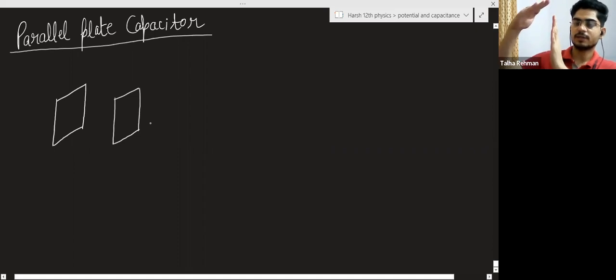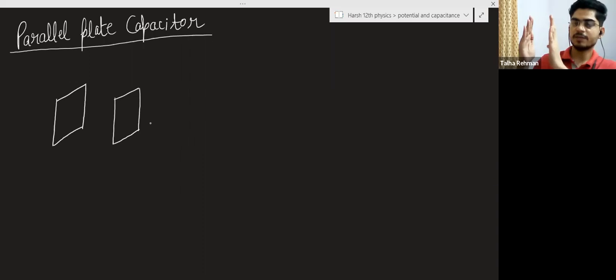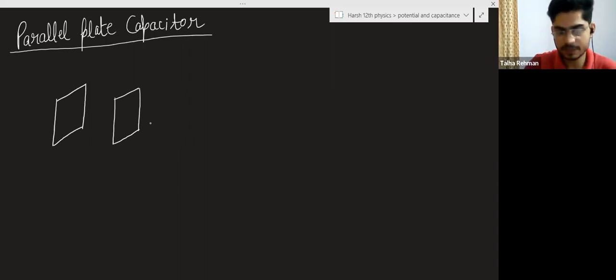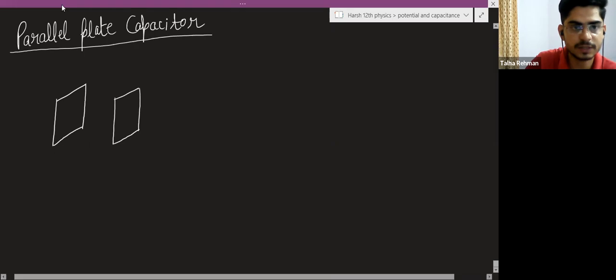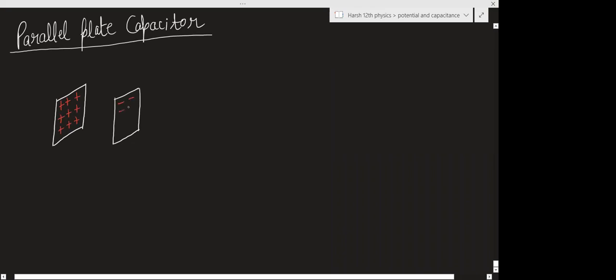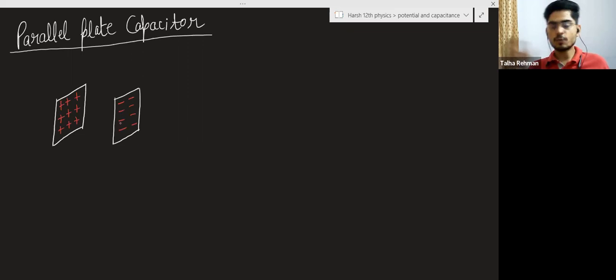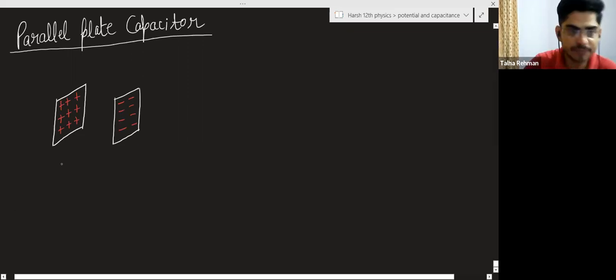There can be any medium in between these plates. But one plate has positive charge and the other has negative charge. Because a capacitor is simply the combination of two conductors which are oppositely charged and separated by some distance.